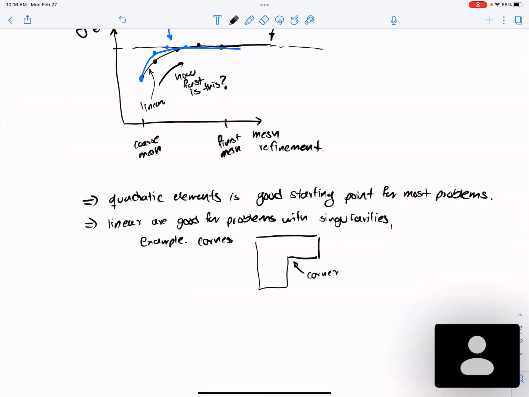So even if you're using quadratic elements, you get very slow convergence. The corner dominates convergence. So even using quadratic elements, you don't converge as fast. So you end up having really fine meshes anyway. So in that case, might as well use the linear ones.